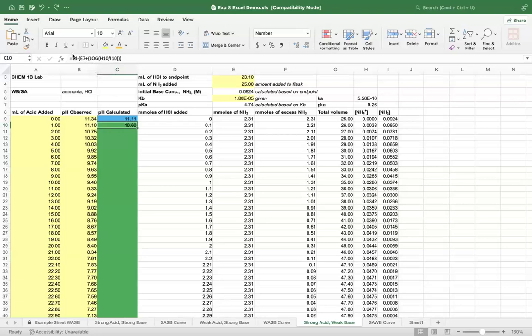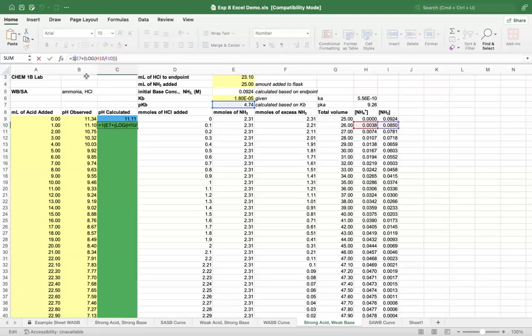All of this should solve for, oh, we don't want the pOH. What am I doing? Let's get rid of the 14 minus for a second and see what happens. Okay, so that's definitely solving for not what we want. This is giving us the pOH. So I need 14 minus that.